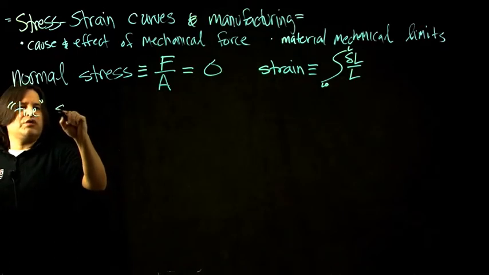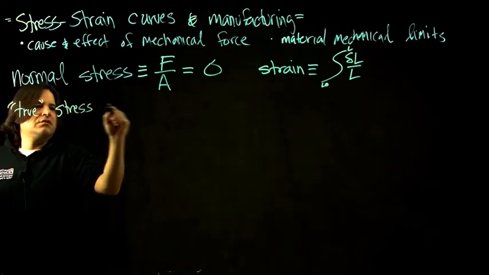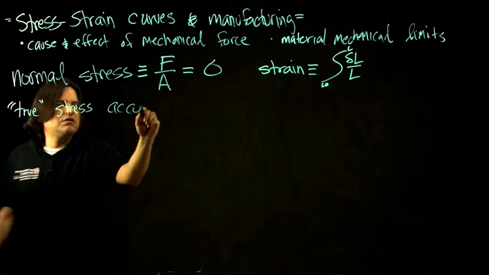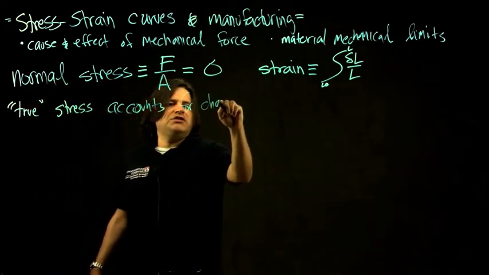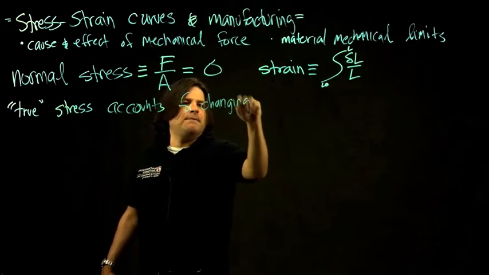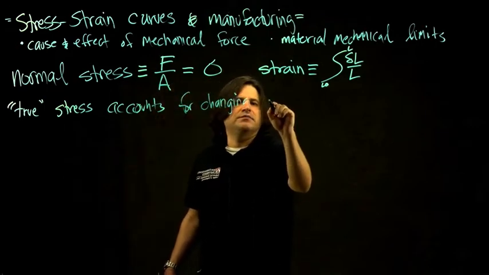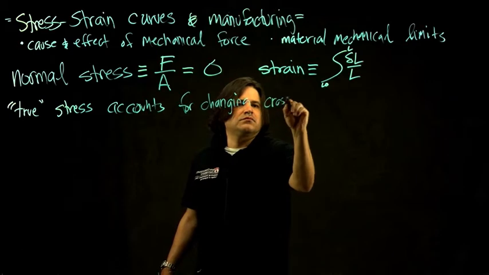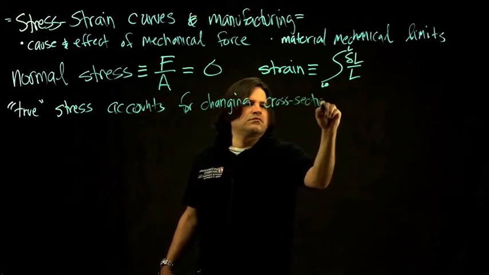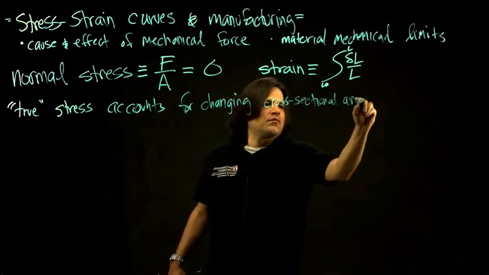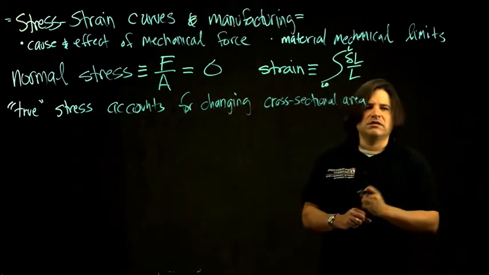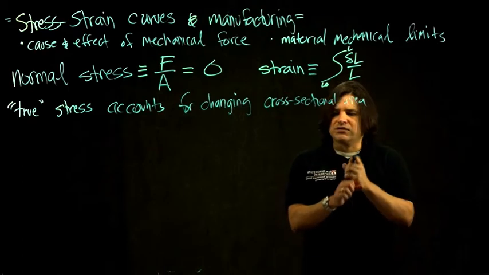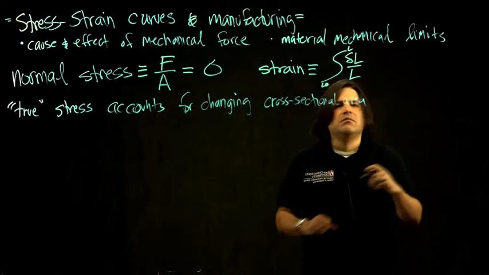So the true stress accounts for changing cross-sectional area. Because sometimes the volume is conserved and sometimes it is not, but the area does change most of the time.